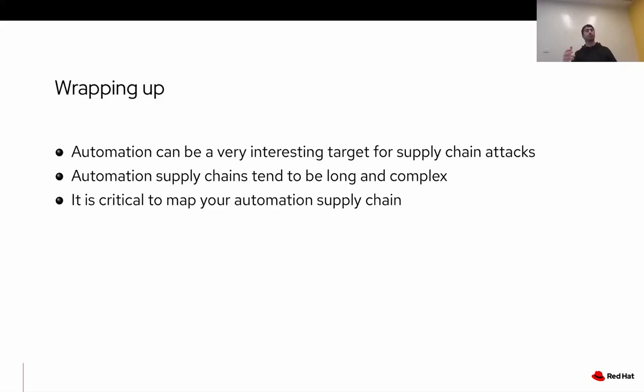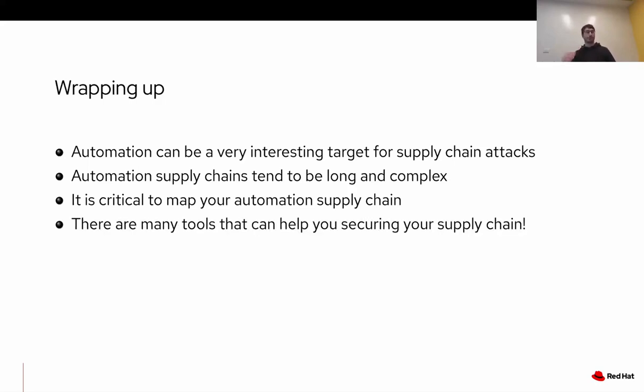And hence it's very important to map your automation supply chain properly before doing any change, because if you do not know exactly what you are working with, it's going to be very hard to make any sensible change. And also there are a lot of tools that can help you secure your supply chain.